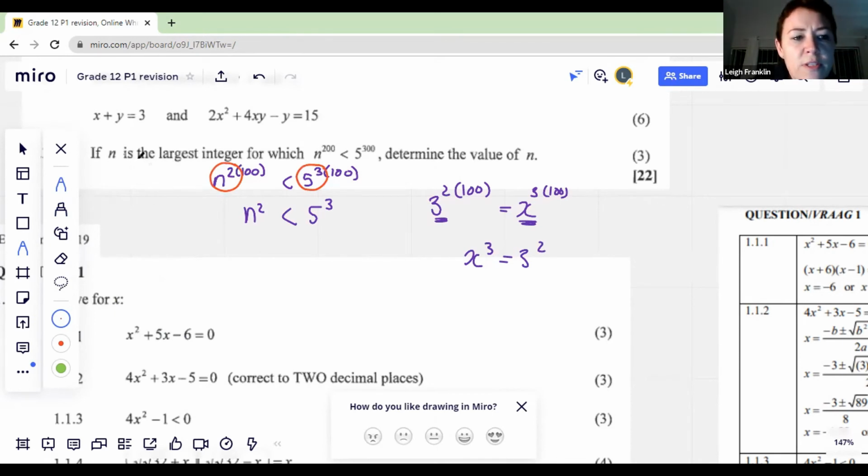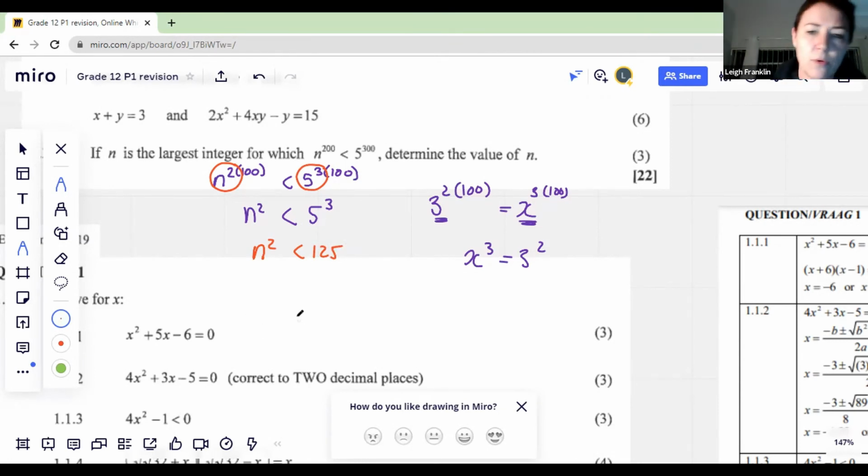Okay. So this question asks us for the largest integer for which n to the power of 200 is smaller than 5 to the power of 300. We're almost there. So that means that n squared has to be smaller than 125. Okay, so 5 times 5 times 5 gives us 125.